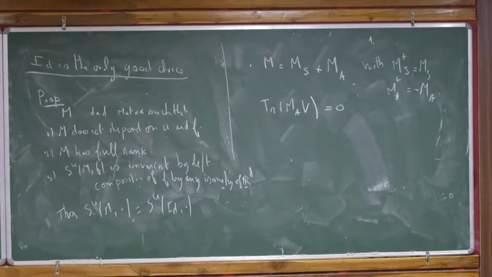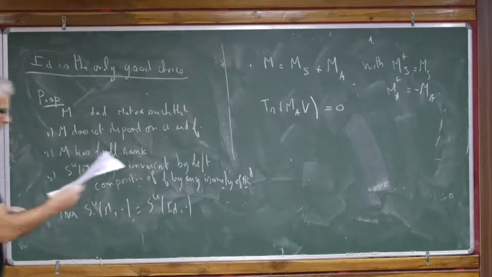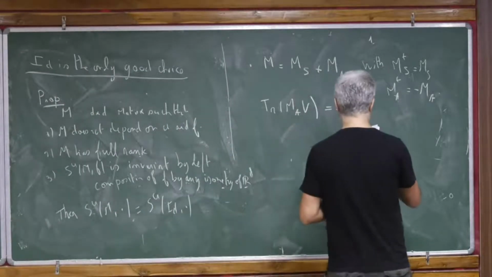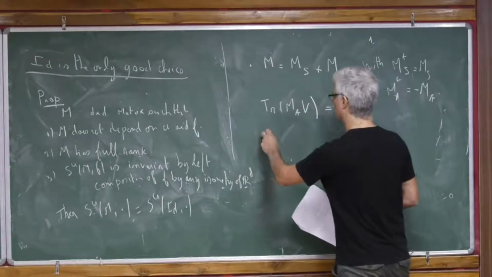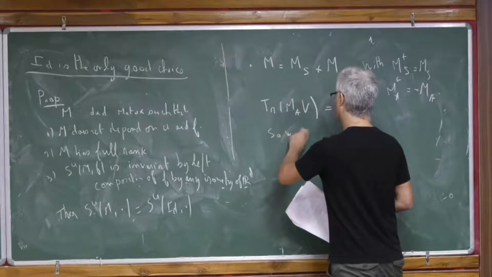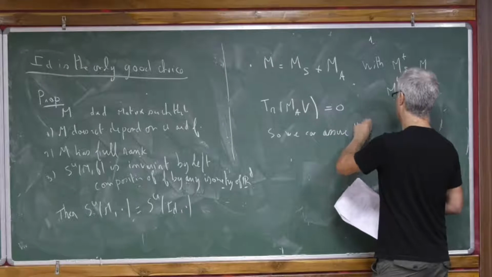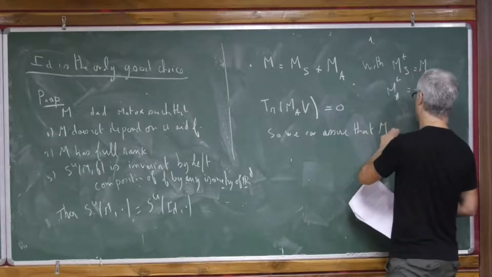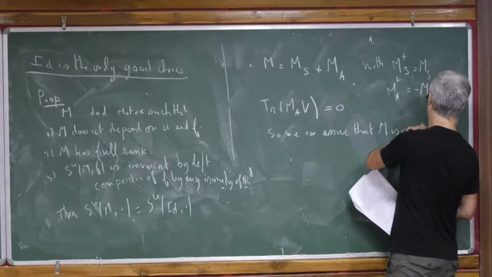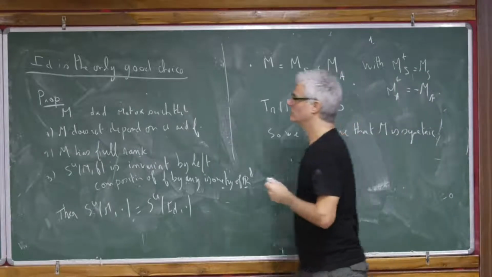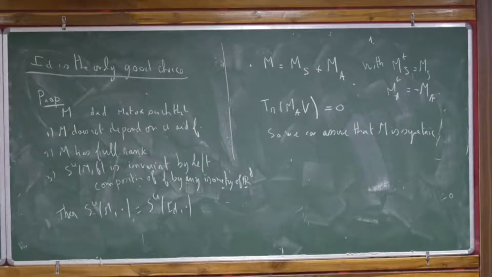So we can assume that M is symmetric because the antisymmetric part of M has no influence on the index. So that's the first point.